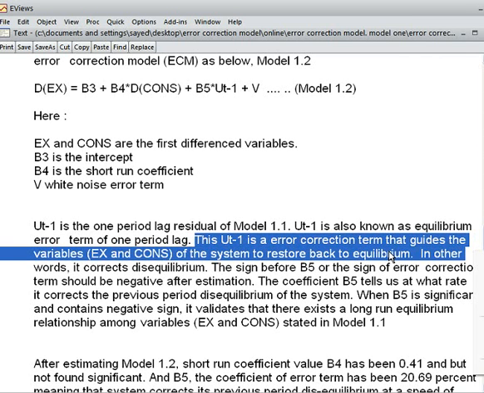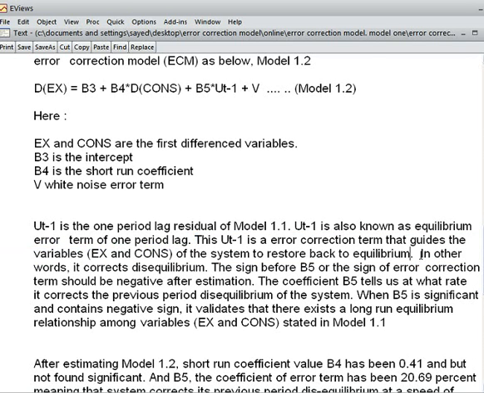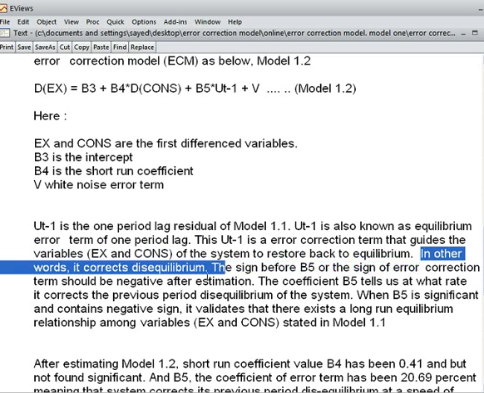In other words, it corrects the disequilibrium. That means the error correction term rectifies the disequilibrium in the system model. That is its task, its action, to correct the disequilibrium in the system.